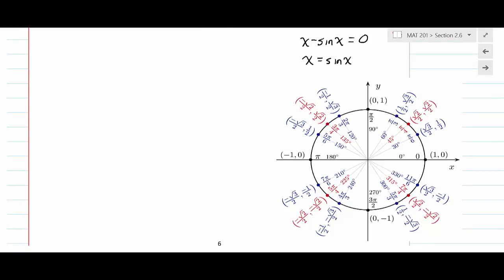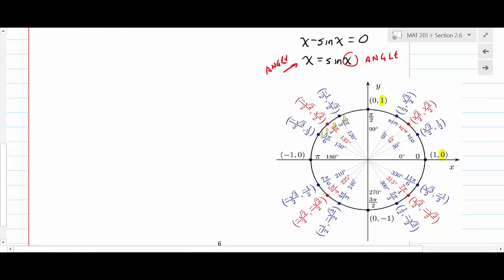And what I want to look at is, see, x, this thing right here, that's an angle. That represents an angle in radians. So what we're looking at is on a unit circle, where is the angle equal to the sine? Now, the sine is the y value.